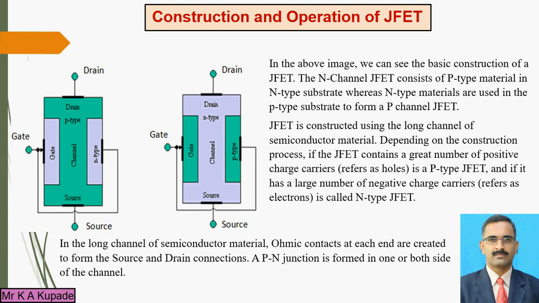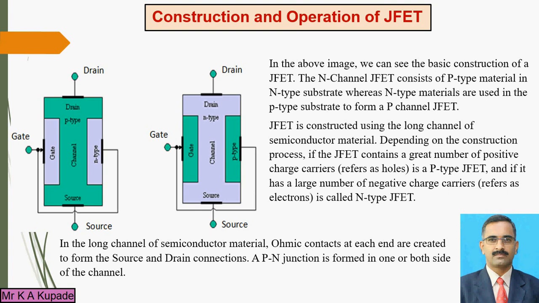Now whenever you want to construct this JFET, suppose you want to construct the N channel, then the N channel JFET consists of P-type material as a substrate diffused at the side of the bar, so that it creates the junction, and the diffused region is called the gate.